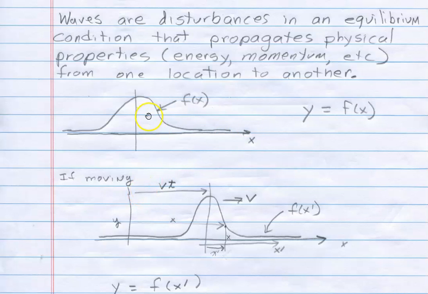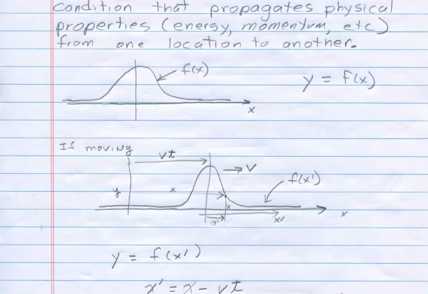If it's moving and I come back and take a photograph of it a time t later, then in time t the tsunami has moved a distance that's velocity times time. If it's moving with velocity v, then the distance that peak has moved from where it was originally is just v times t.